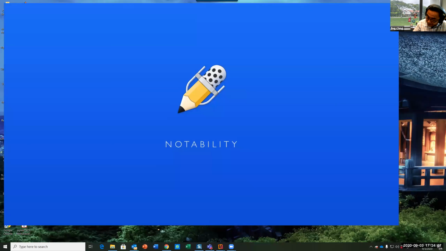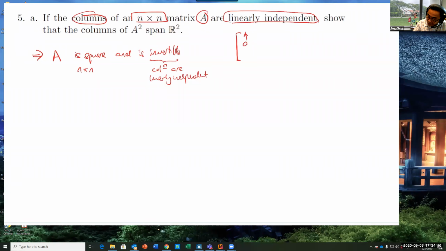So let's have A1, A2, up to AN. Independent means, let's call this X1, X2, up to Xn. Now please don't be confused. Here the X1 is a scalar. X2 is a scalar in this whole vector of X. If we want to be very clear, sometimes I underline the X to say that it is a boldface vector. When it is an element of a vector, then it's a scalar.